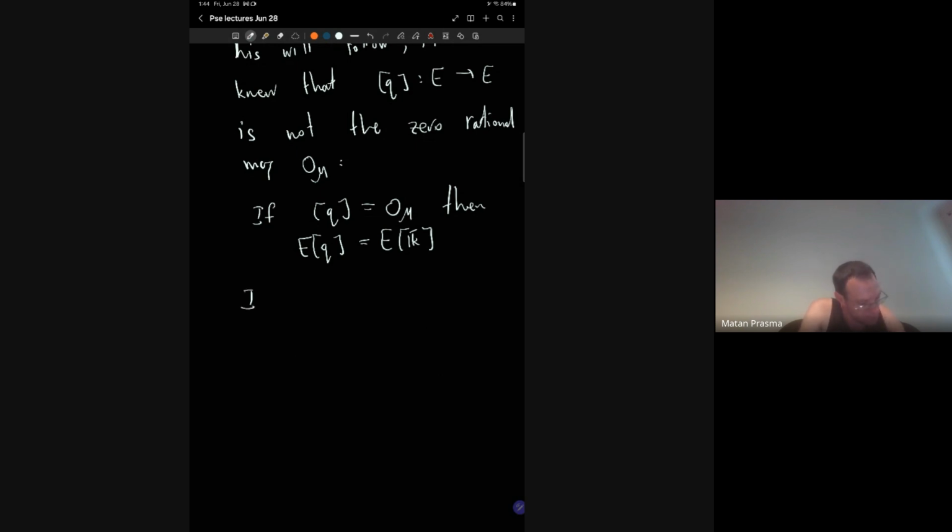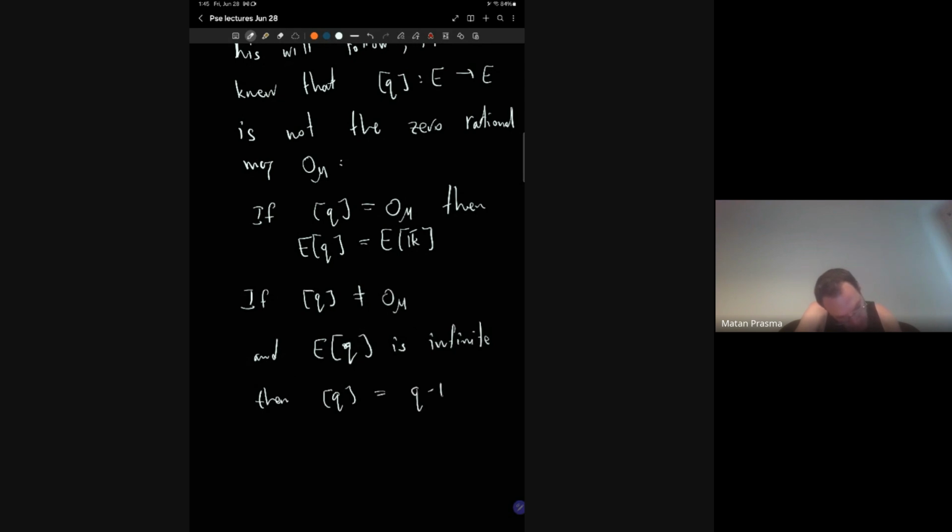So if a_Q is not equal to the zero map and E[Q] is nevertheless infinite, then we should have a problem. Then a_Q is a_(Q-1) plus 1.